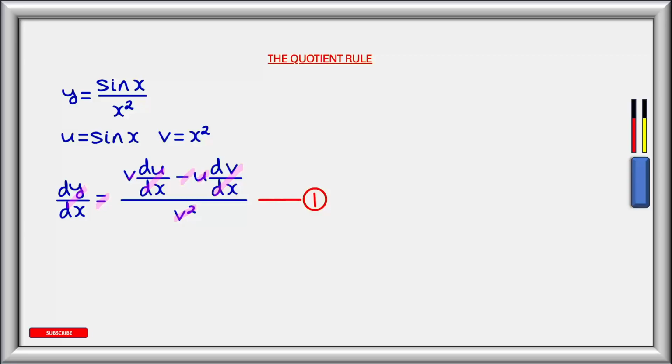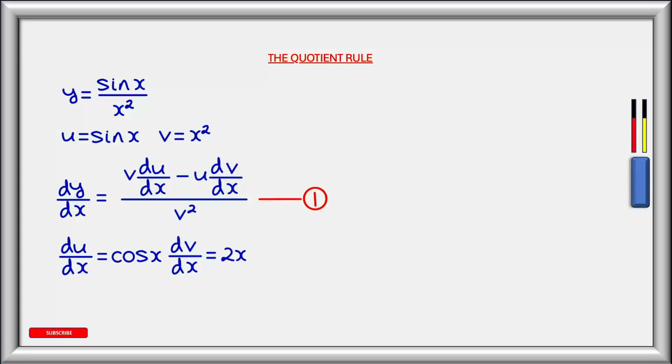Now we have u and v, so let's find du/dx and dv/dx. For du/dx, we need to take the derivative of u with respect to x, where u is equal to sine x, and this is equal to cos x. And for the derivative of v with respect to x, where v is equal to x squared, we can use the power rule, and this evaluates to 2x.